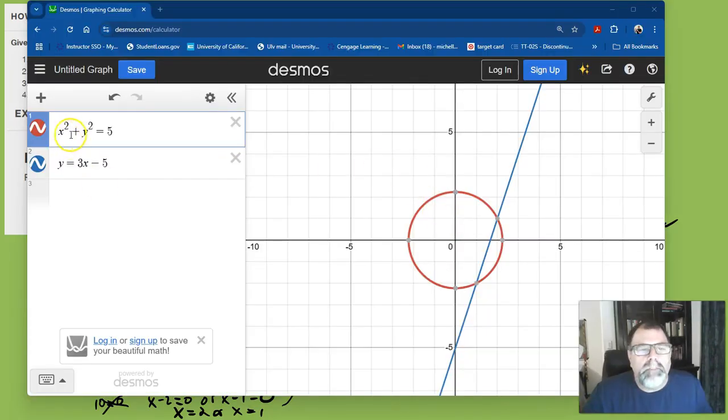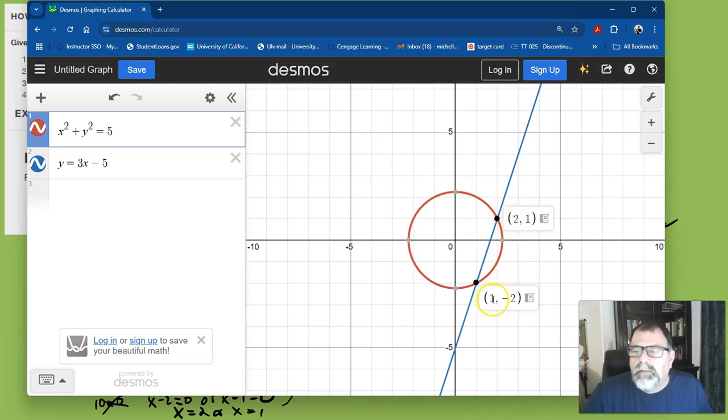Okay, so you can see the circle with radius square root of 5, which is about 2.23. So we have the circle centered at 0, 0. And then the line y equals 3x minus 5, so it crosses at -5. The slope's up 3 over 1. So you can graph these by hand, by the way. And then you see we get the same points that we just found algebraically.